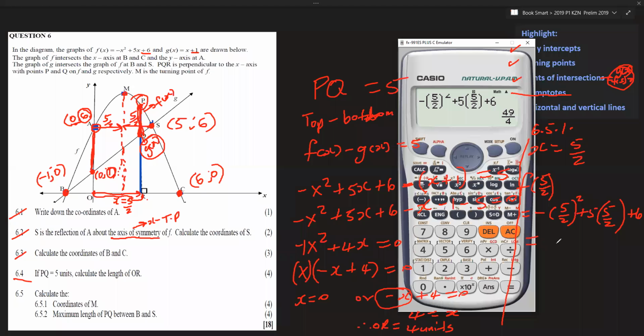Okay, 49/4. Therefore, this is the y value, that is the x value on M. So therefore, M is (5/2, 49/4). I mean 4, sorry. That is our final answer for M.